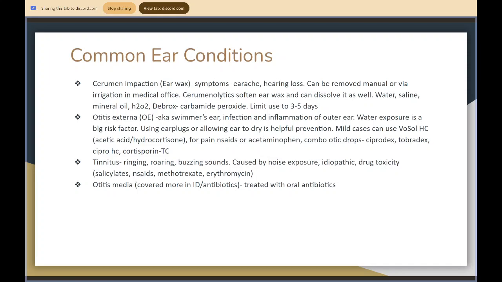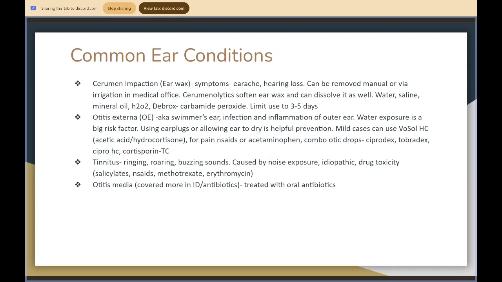If the patient has a ruptured tympanic membrane, just a little baseline anatomy. That's the covering between the outer ear and separates the middle ear, that leads to the inner ear.